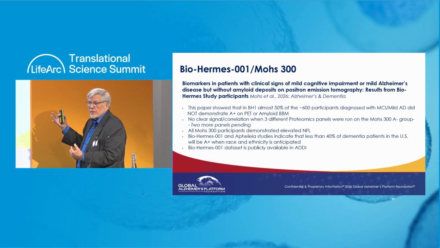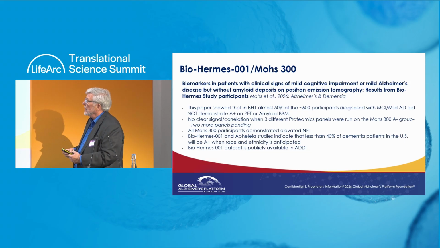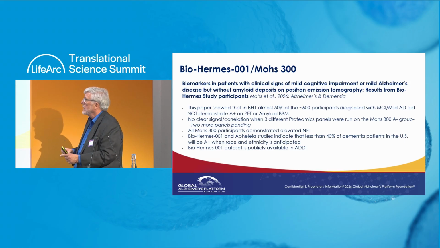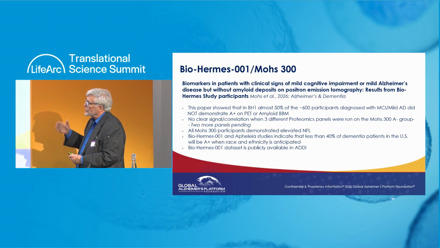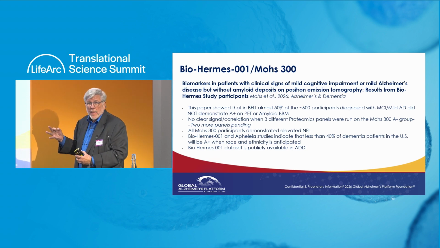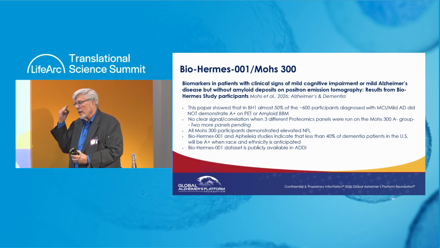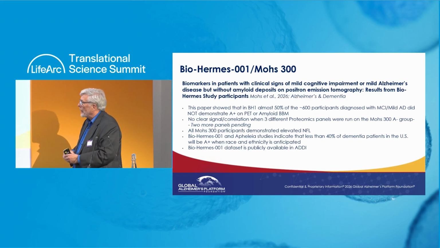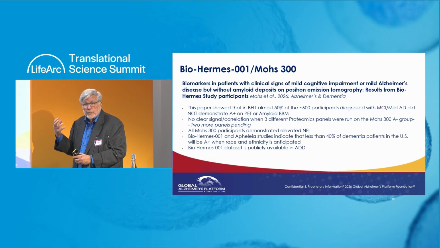The Mohs 300, who's our chief science officer, showed that of this nearly 300, there was no demonstration of amyloid positivity at all, both on PET and in the blood tests. We couldn't get a clear signal when we analyzed them from 3 different proteomics panels that we have in Bio-Hermes 1, as well as a full genome panel, and nothing was coming through, which speaks to the heterogeneity of dementia.